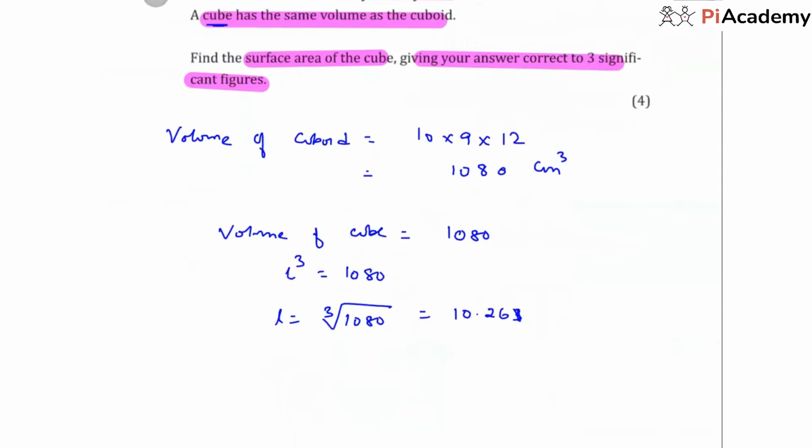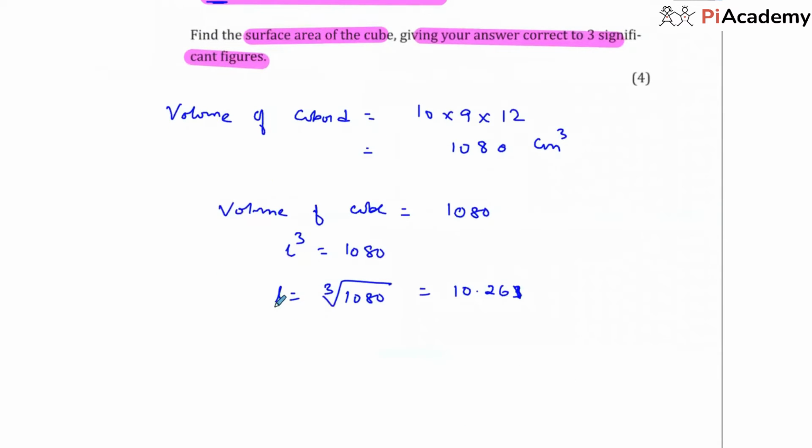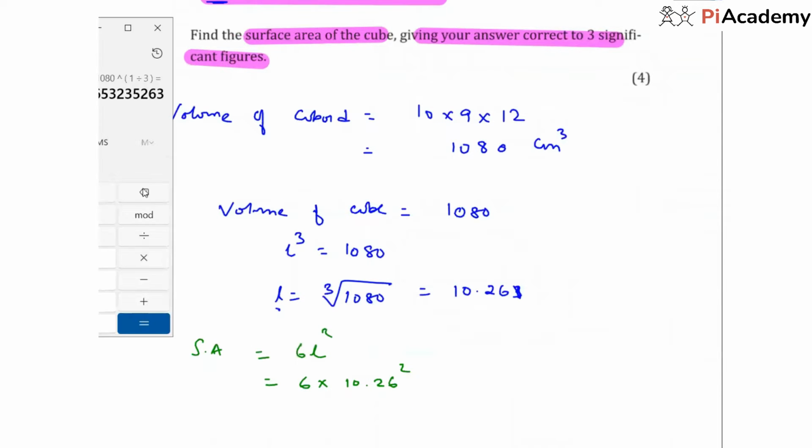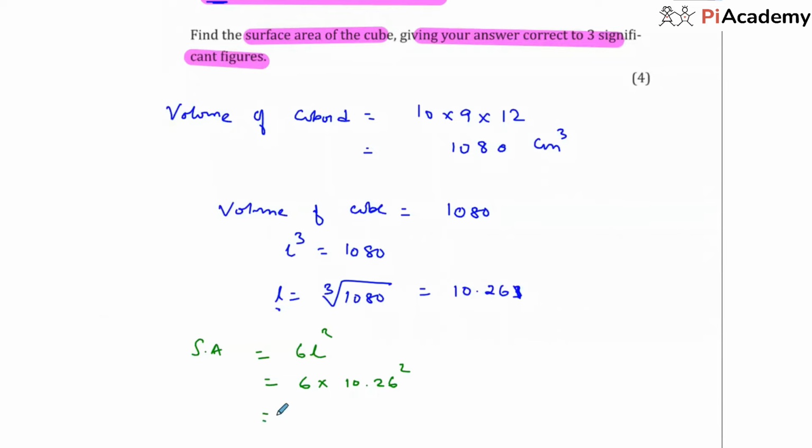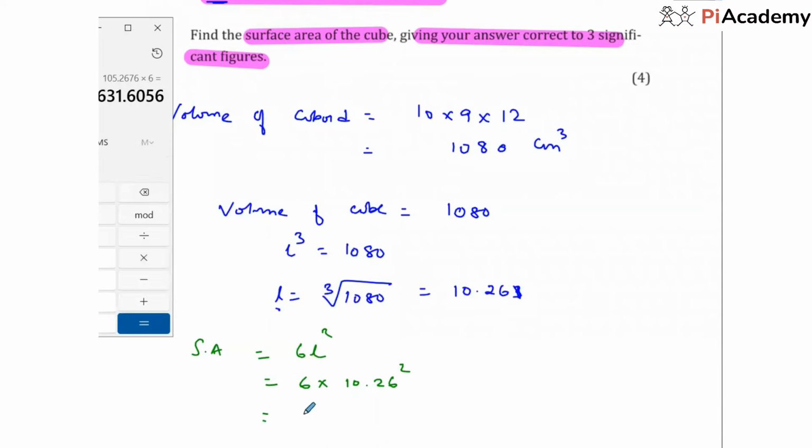So it is 10.26. Now you've got L. You're asked to find the surface area of the cube. Surface area is 6L squared, that is 6 times 10.26 squared. So can you find that? 10.26 squared times 6 is 631.6.